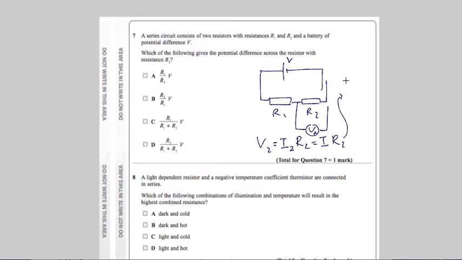So I is equal to V divided by R1 plus R2, and putting this all together we're going to have V over R1 plus R2 multiplied by R2 to give us V2. Now let's look carefully. That looks like answer D. It's not C because that's got R1 at the top, which we don't want, and it's not either of A or B because they do not have the denominator we want, which is R1 plus R2.